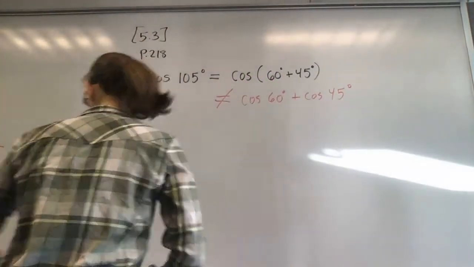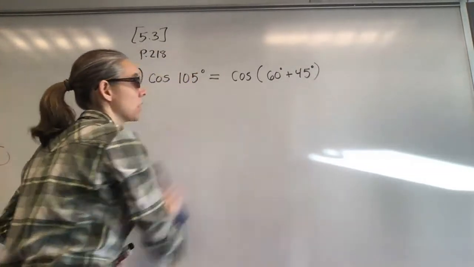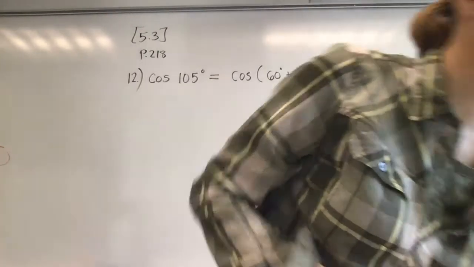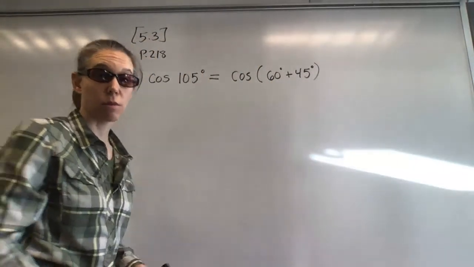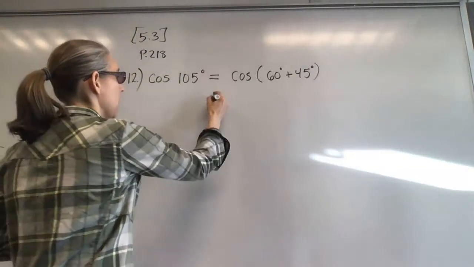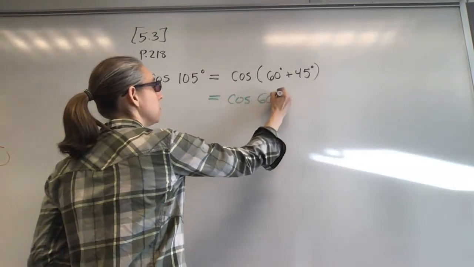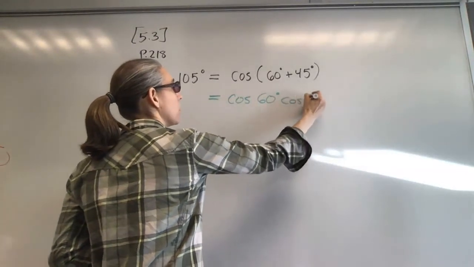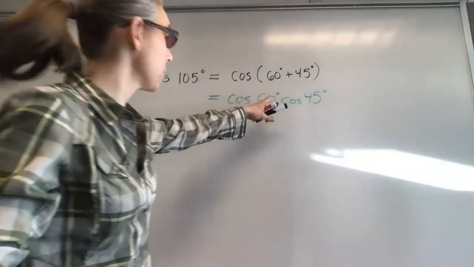So back to here, we are going to replace every occurrence of A in the formula with our first angle, 60, and every occurrence of B in the formula with our second angle, 45. Okay? So that is going to be cosine of 60, cosine of 45. Now we have to remember, this is a plus.